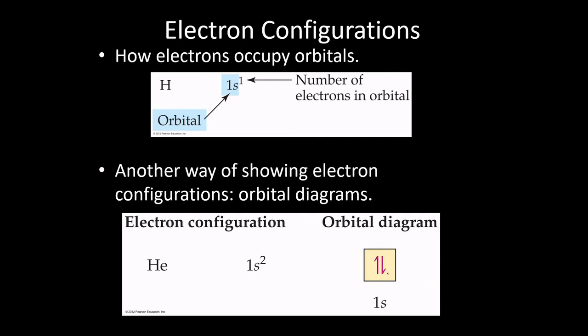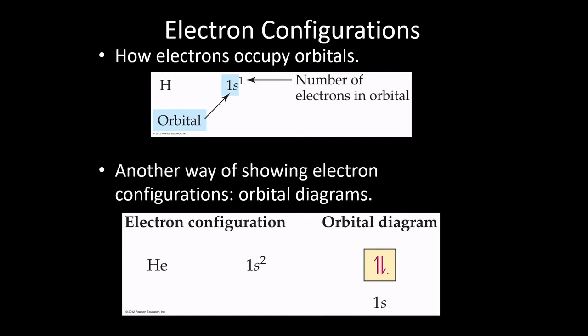All right. So when we are writing what we call electron configurations, and an electron configuration is just our way of describing where electrons are in an atom, we have 2 main methods that we can use to do this. There's what we call just a simple electron configuration, but then there's also what we call the orbital diagram.